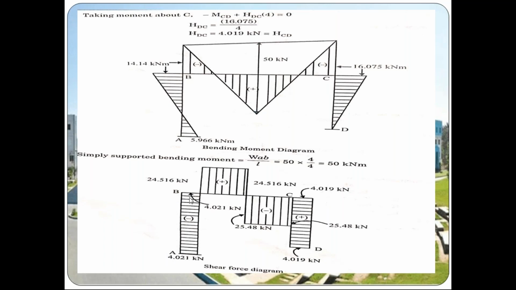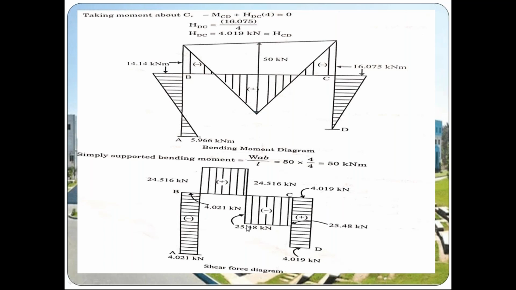Next, in span BC, RB and RC are upward. The RB value is 24.516 kilonewton upward. It comes horizontally since there is no load. At the center we have a load of 50 kilonewton acting downward, so plus 24.516 minus 50 is minus 25.48.